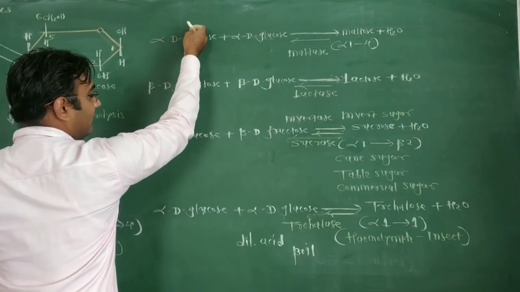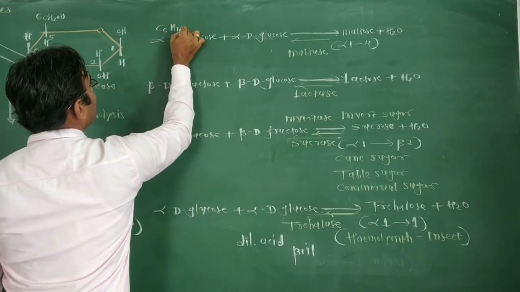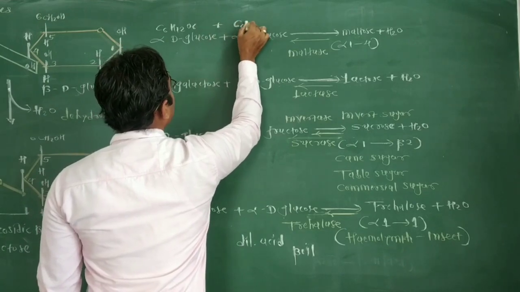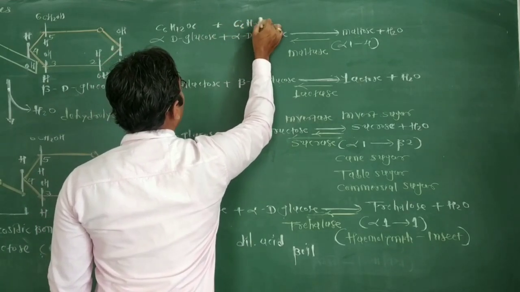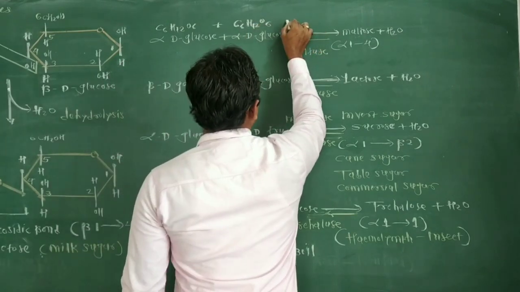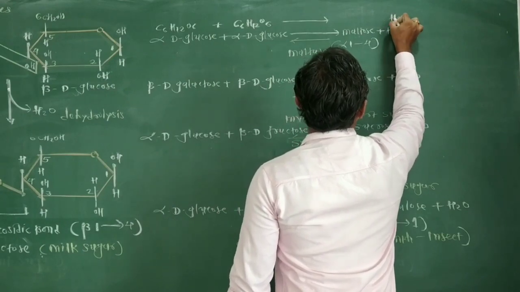We know the empirical formula of all: C6H12O6 plus C6H12O6 gives rise to water between these two.